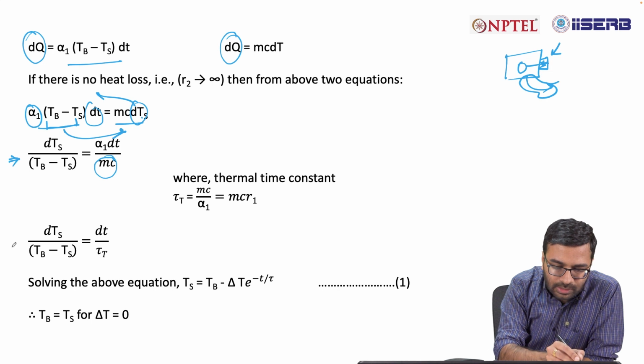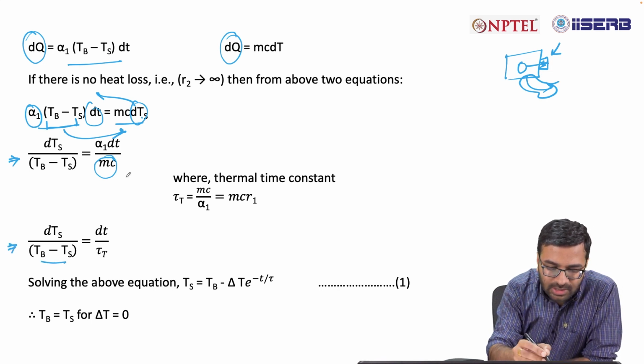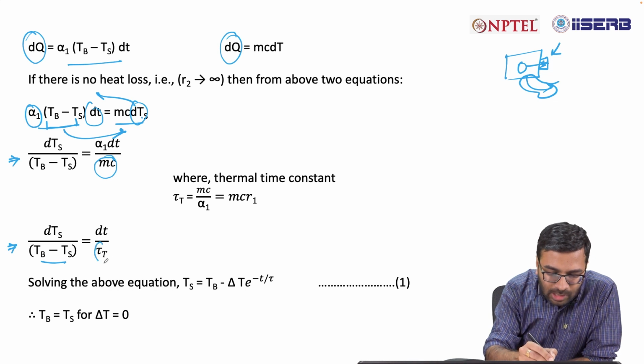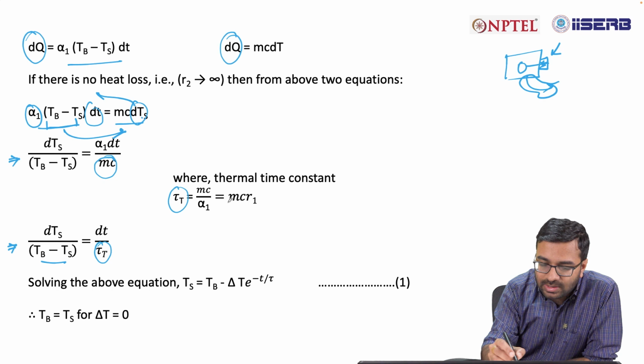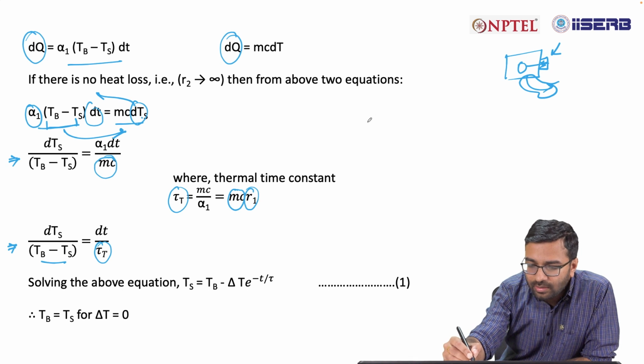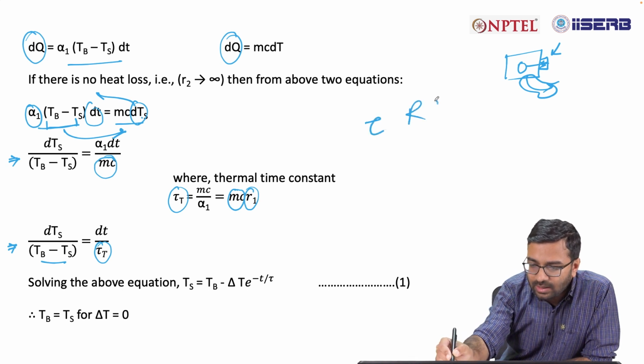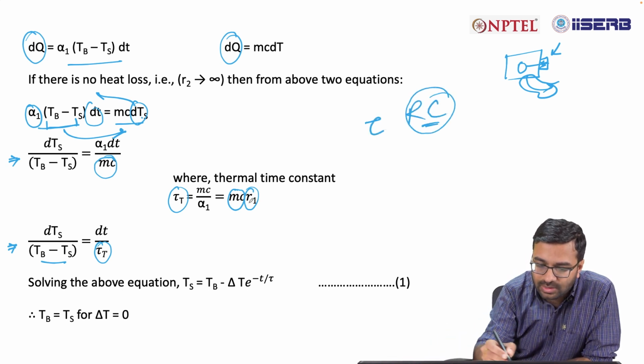If you further rearrange it, it's dTs divided by Tb minus Ts is equal to dt by tau t. Tau t is nothing but the time constant. So the time constant in this case is m c divided by alpha 1, or you can write m into c into R1. In an electrical circuit, the time constant is RC, right? Resistance into capacitance. So it's similar here.